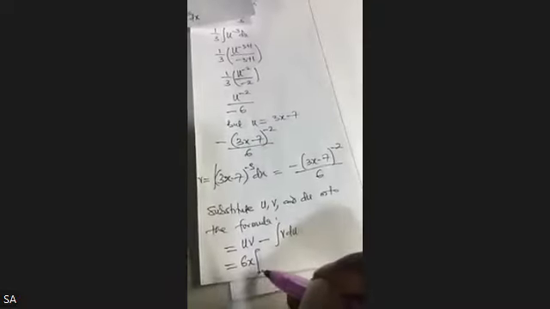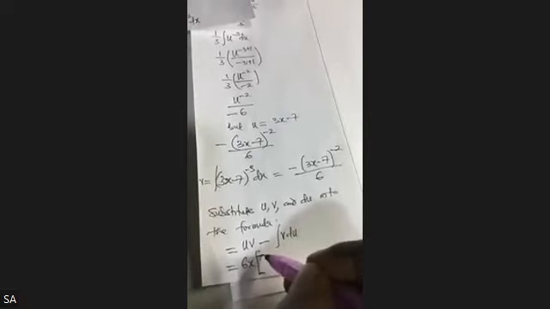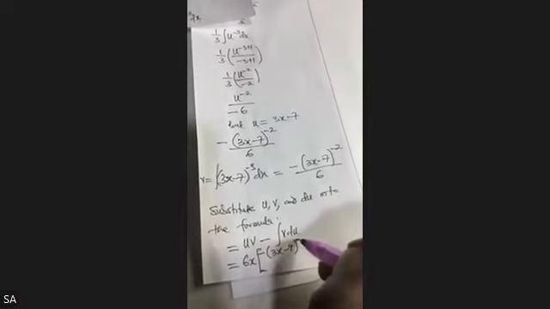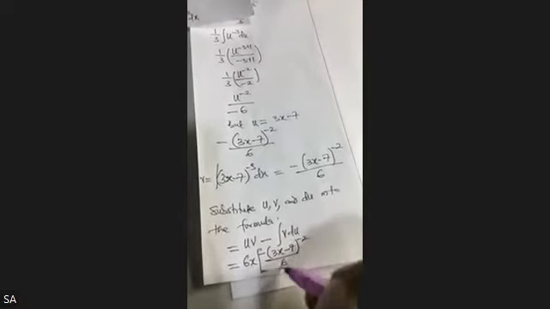Our v is minus 3x minus 7 raised to the power minus 2 divided by 6. Remember, that is our v.